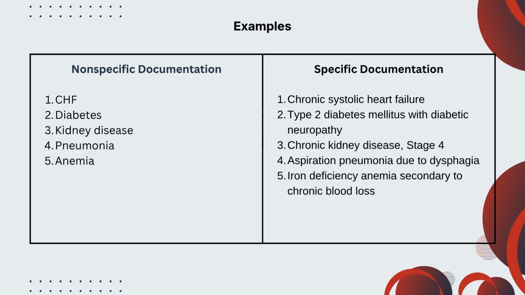Type 2 diabetes mellitus with diabetic neuropathy instead of diabetes. Chronic kidney disease stage 4 instead of kidney disease. Aspiration pneumonia due to dysphagia instead of pneumonia, and iron deficiency anemia secondary to chronic blood loss instead of anemia.